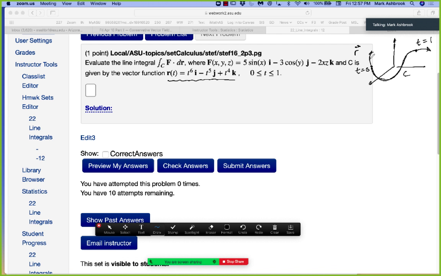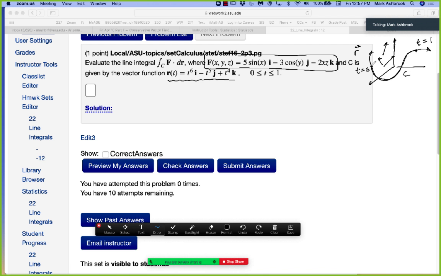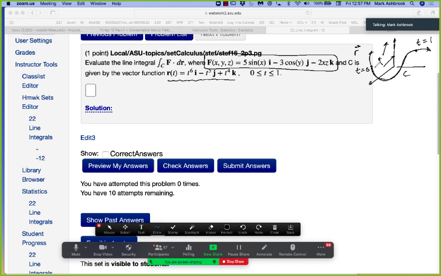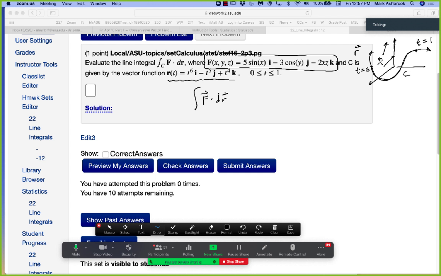And then this curve is through a vector field, right? So there's vectors everywhere. Every location has a vector according to this vector field. And so it's a path through a vector field. Starting at t equals 0, we're going to accumulate the vectors along the path dot a little displacement along the path.